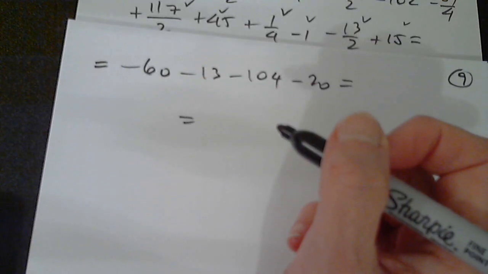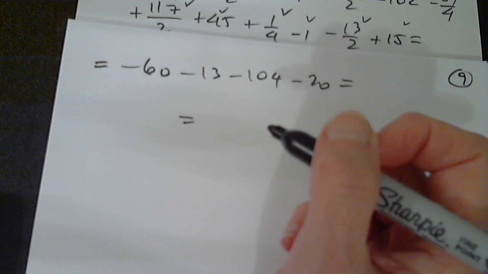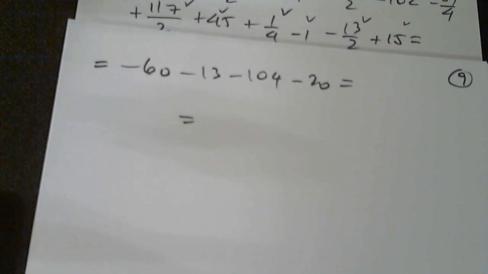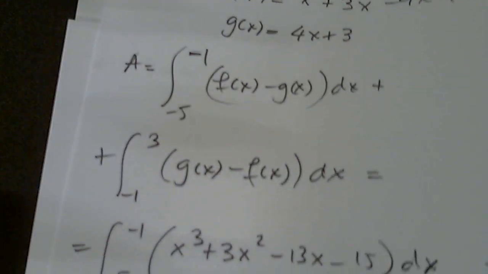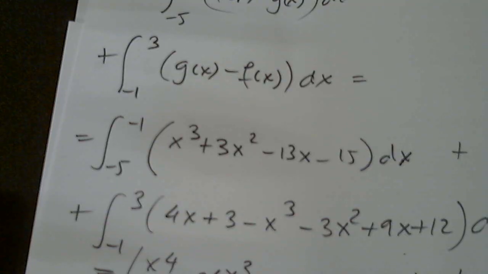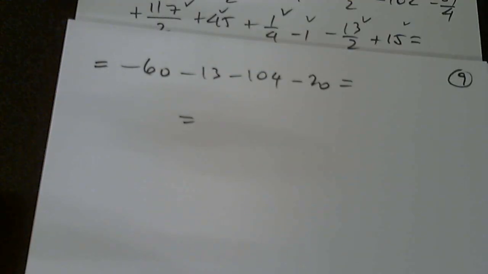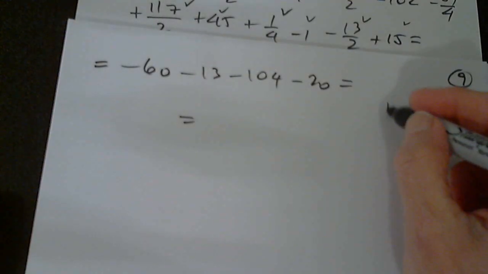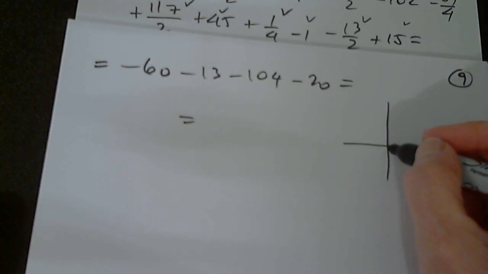The area cannot be negative. The areas can be negative, but if it's an enclosed area, the answer can never be negative. So if we have this situation, this is positive and this is negative, the area can be negative.